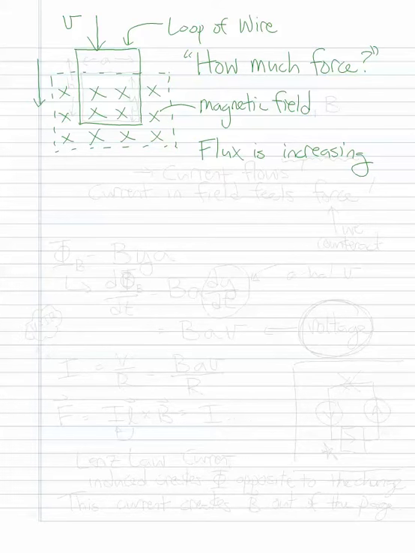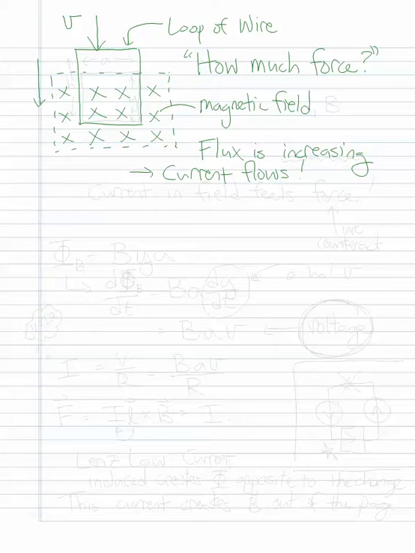And Faraday found that when the magnetic flux is increasing, there's an EMF, there's essentially a voltage being induced in the wire. So that means that a current flows in the wire. And now we have a current in a magnetic field.